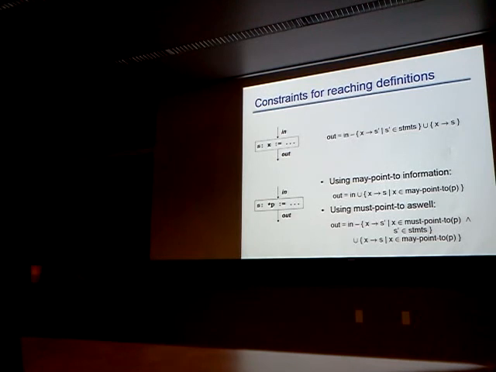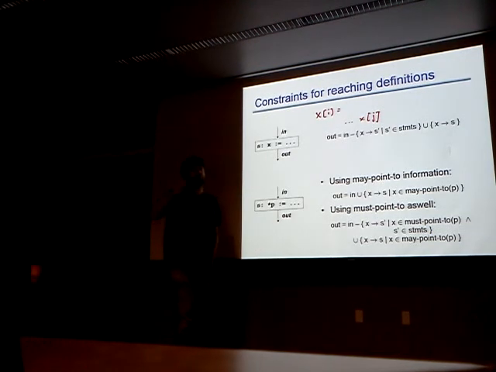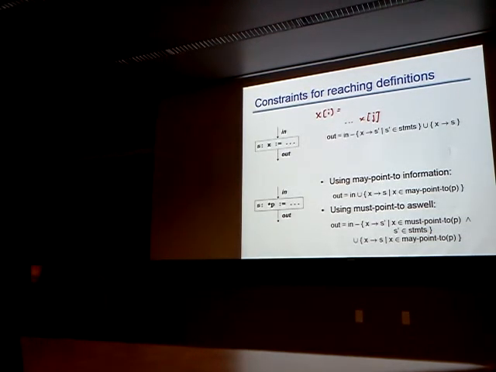And part of the problem is, when you have a write like this, and later on you have a read like this, knowing if this came from here, you really have to figure out if i is equal to j. And that by itself is a whole other analysis, right? Figuring out if two variables i and j are equal. Because i and j are computed, so i and j can actually be more complicated expressions.